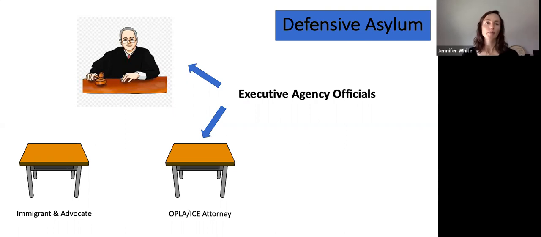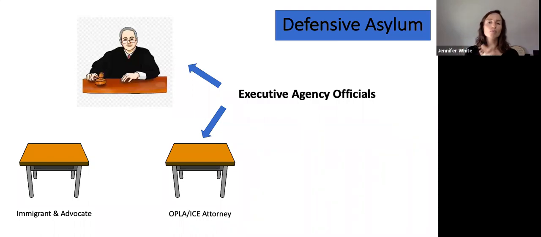On the other side, you have opposing counsel. So that's the OPLA attorney or the ICE attorney. Again, we have different names for these attorneys, but OPLA is the Office of the Principal Legal Advisor, and that is a sub-agency of ICE, Immigration and Customs Enforcement. So basically, that's just the government attorney that's trying to prosecute your client, essentially trying to deport your client. And then you have the judge who's adjudicating the case.